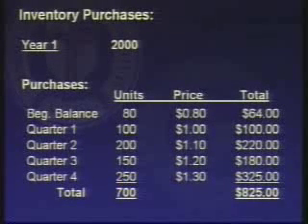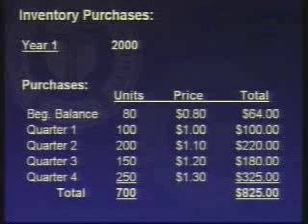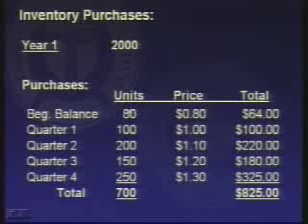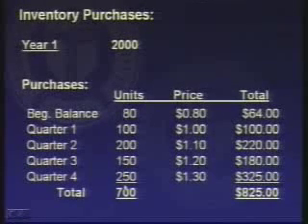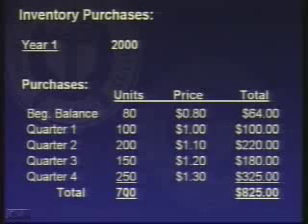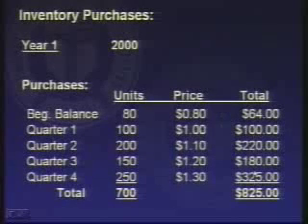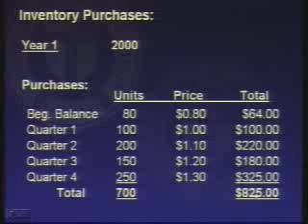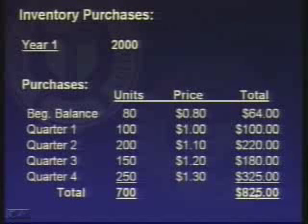Right? Nice progression, easy to remember. Notice here that when we add up the total amount of units that were purchased during the period, we get a total of 700 units. We add up the total cost of all those units, we get $825. What's the average cost per unit? How would we calculate that?